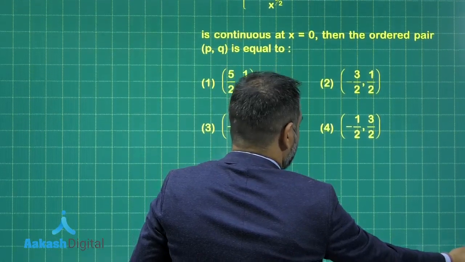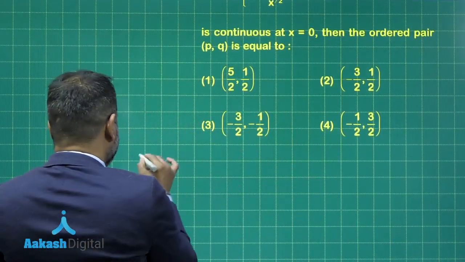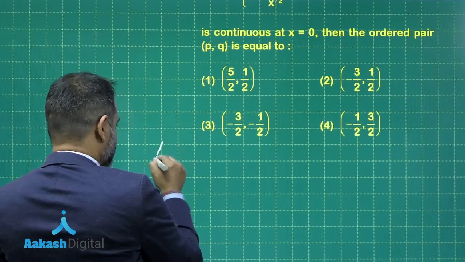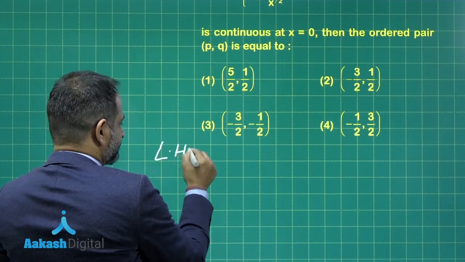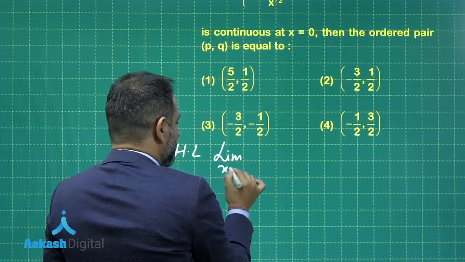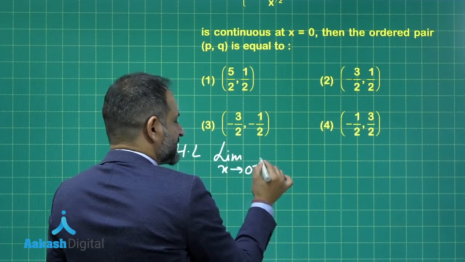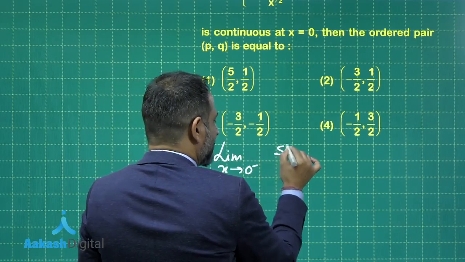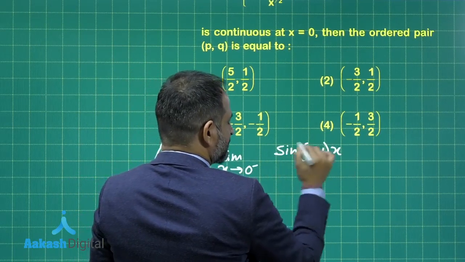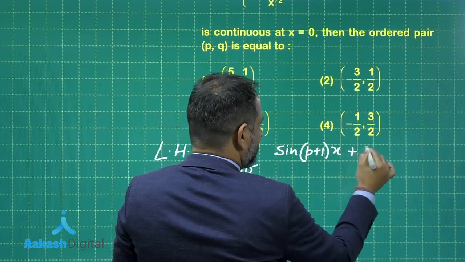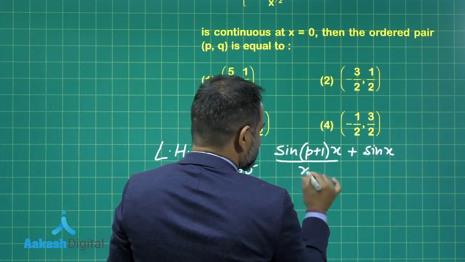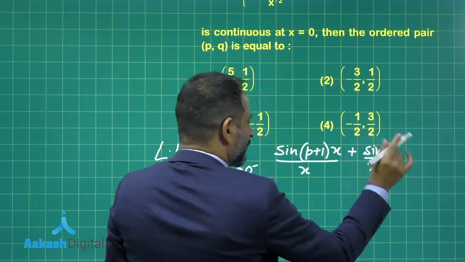So, here we are first for the left hand limit. Limit x tending to 0 minus, we have sine of (p plus 1) into x plus sine x upon x.